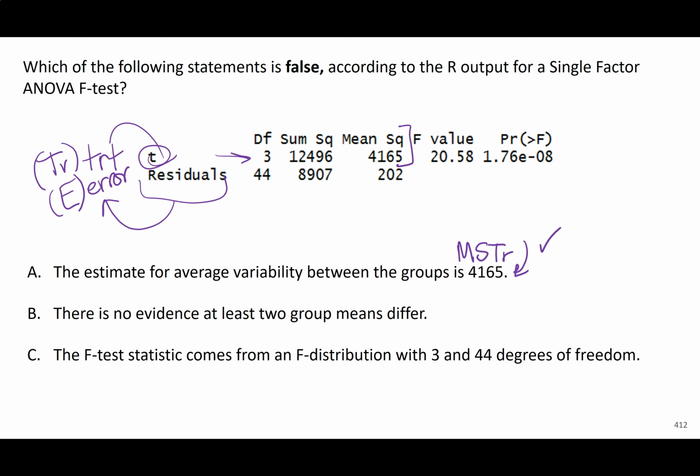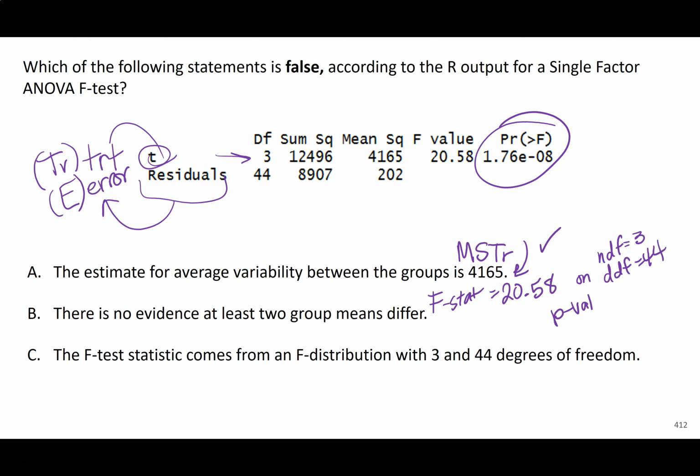Next: there is no evidence that at least two group means differ. Looking here, I have an F statistic of 20.58, with numerator degrees of freedom 3, denominator degrees of freedom 44, and a p-value that's really tiny, less than 0.0001.